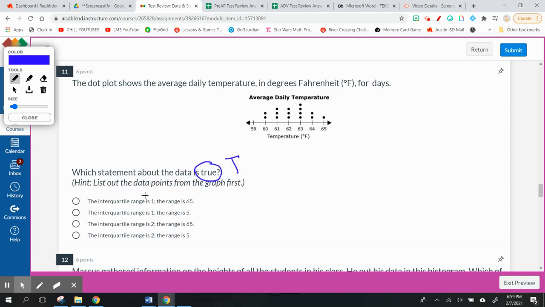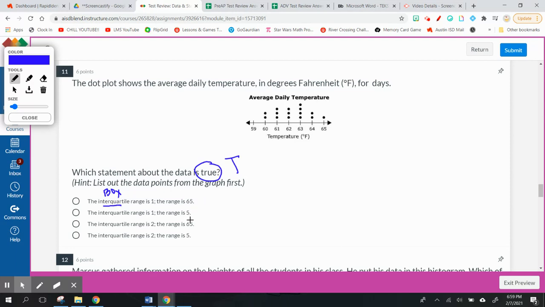We want true. And this is where we know we need to have information pulled out of our brain and applied here about box and whisker plots, because we're seeing interquartile range, which again is talking about the range of the box. And then, of course, the overall range.